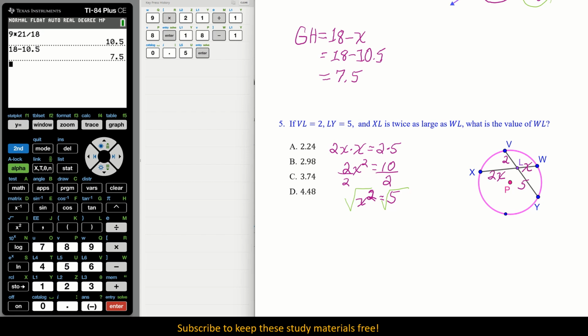This means x equals the square root of 5. I'm feeling it'll be option A. Let's put that under the radical, we have 5, and yes, we're going to have to round a little, of course.